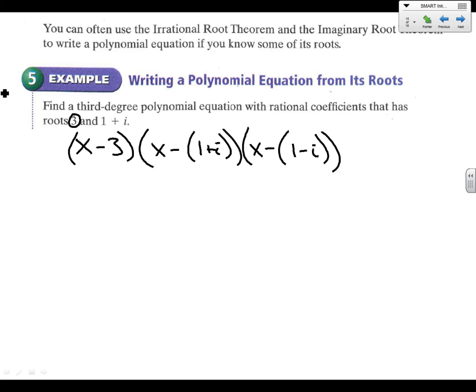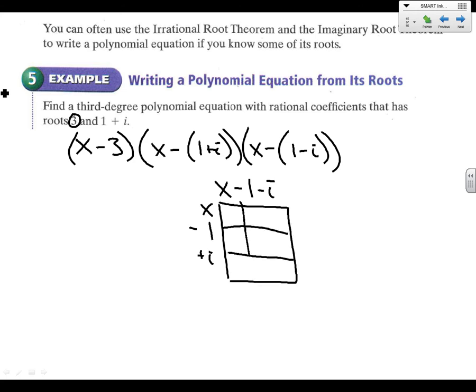All right, and so now we need to multiply this all the way out. So I'm going to start with x minus 1 minus i, and I've also got x minus 1 plus i, and so let's multiply that out. And we'll have x squared minus x minus ix minus x plus 1 plus i, and then we'll have ix, and we'll have negative i, and we'll have negative i squared.